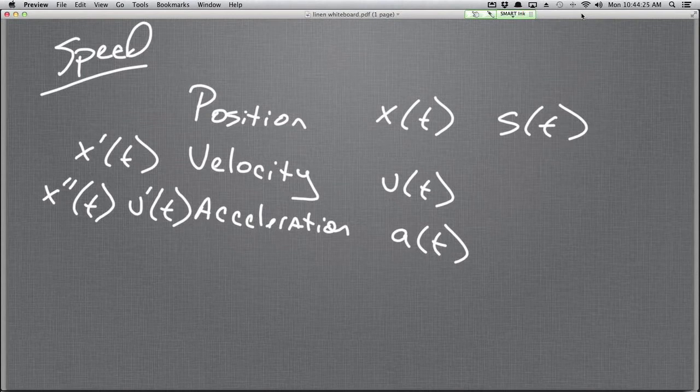So if my velocity is positive, that means I'm moving forward, which means my position is changing how? It is increasing. So that's the first thing I want you to write down. If velocity is positive, that means my position is increasing.